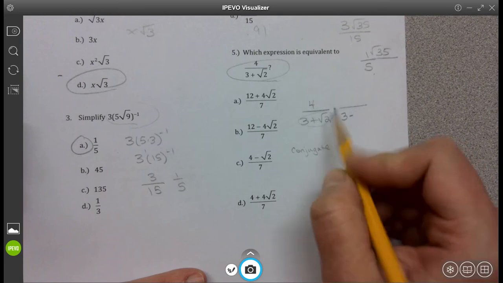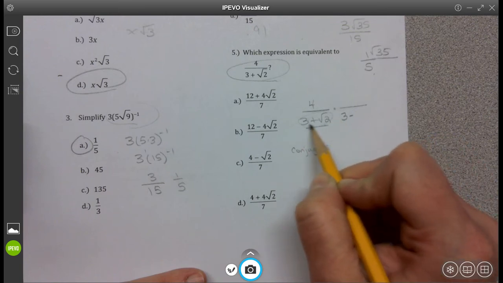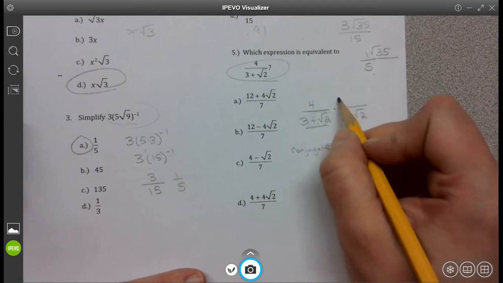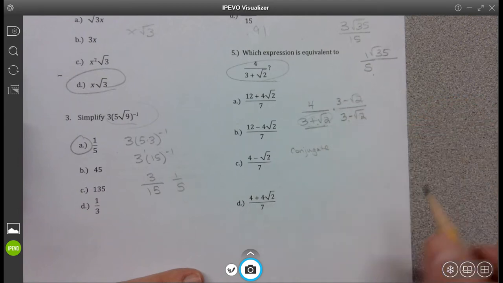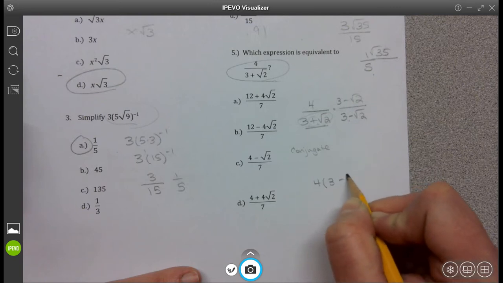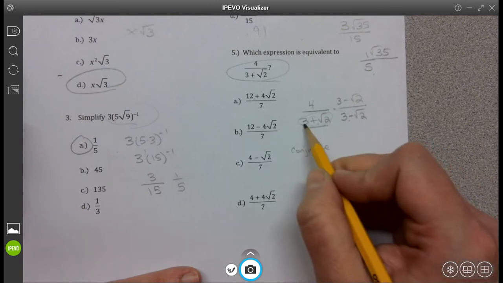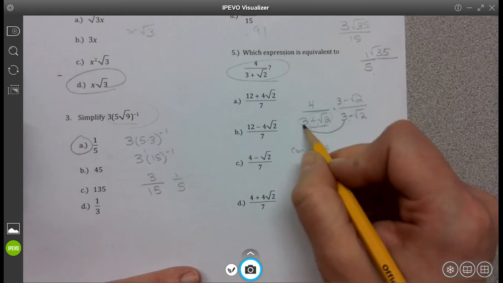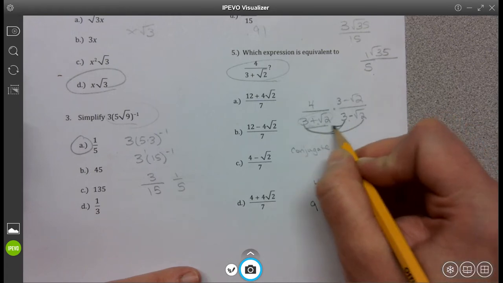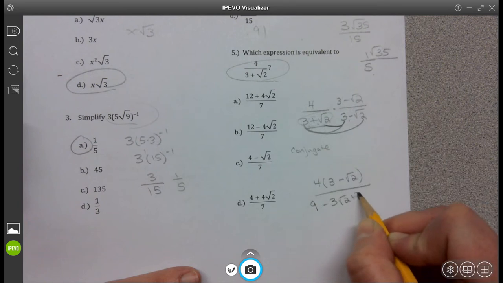The conjugate is the opposite sign of what you have. So that's its conjugate. And what you do to the bottom, you do to the top. So the top now is 4 times the quantity 3 minus root 2 over 3 times 3 is 9. 3 times negative root 3 is negative 3 root 2. Positive 3 root 2.